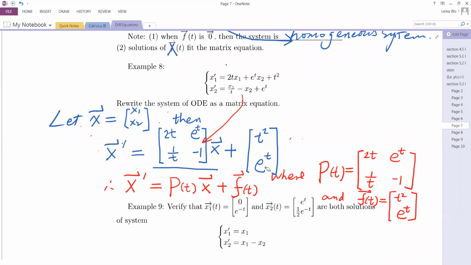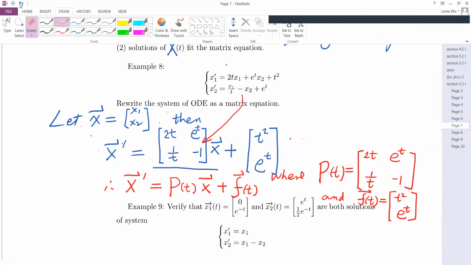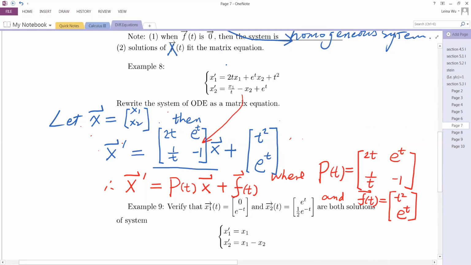Okay, let me give you one suggestion. If you are confused with this, let's just replace this x vector by x1, x2. Let me do 2t, e to the t, and 1 over t, -1, and x1, x2, plus t squared e to the t.